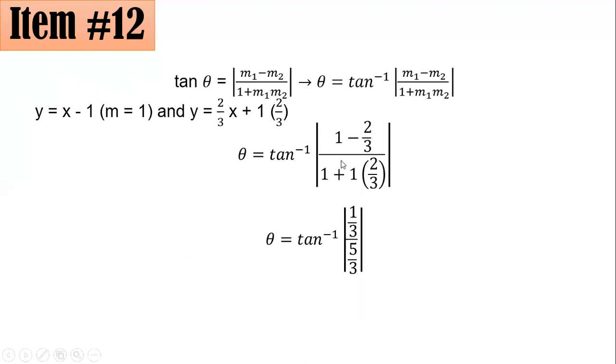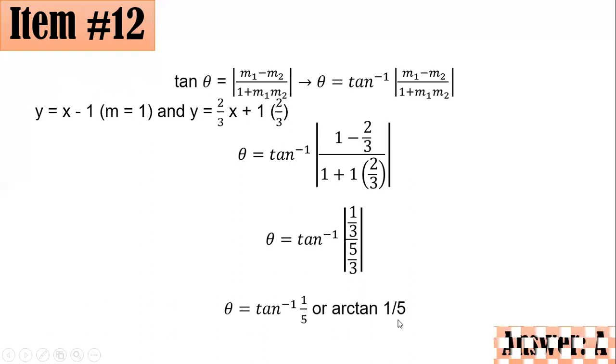That's why your denominator here simplifies to 5/3. And 1/3 divided by 5/3 is 1/5. Therefore, the value of your angle theta is a tangent inverse of 1/5 or arctangent of 1/5. And that is letter A. I hope you got it correctly. Number 13.